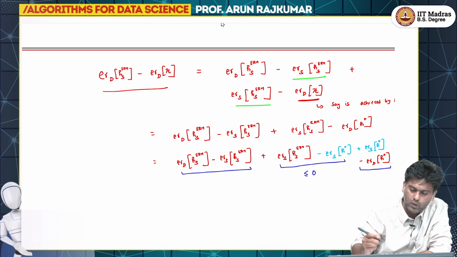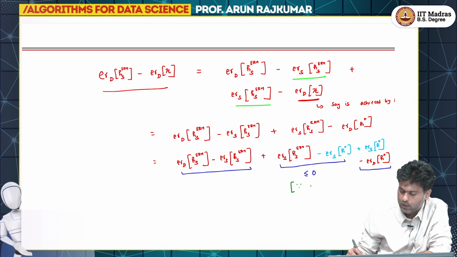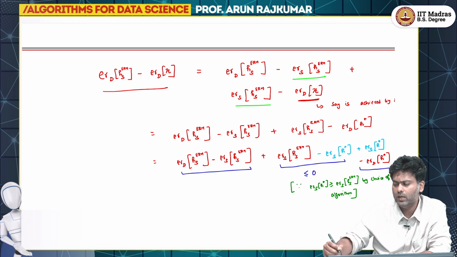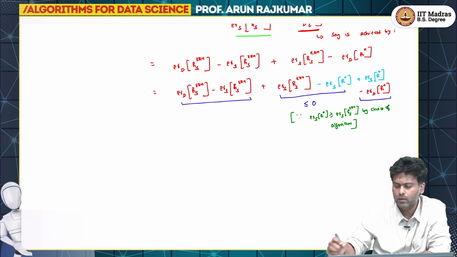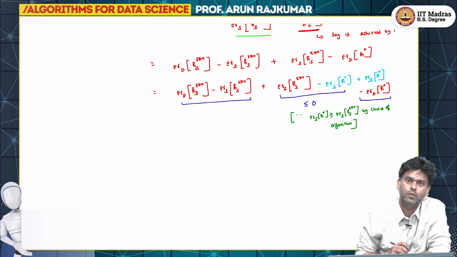Why is this true? Since RS of H star has to be greater than or equal to RS of H ERM by choice of algorithm. Our algorithm picked the one with the least training error, and that is where we are using the algorithm. So this is less than or equal to 0.